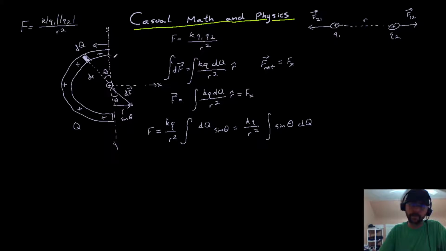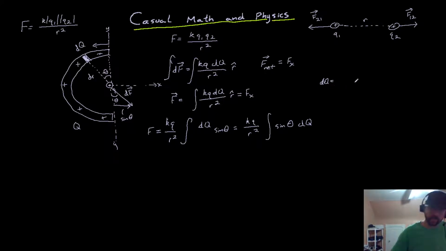So dq is the thickness of this, and I think it's going to be equal to s times theta, but I actually have to look that part up real quick because that's where I got hung up before. dq equals, like, it's theta times s.